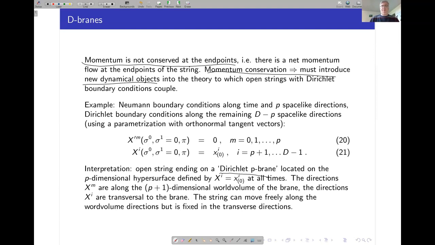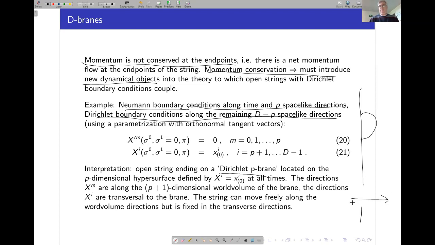So the simplest example of such a Dirichlet brane is given here in the formulas 20 and 21. I impose, say, Neumann boundary conditions in time and p of the space-like directions and Dirichlet boundary conditions in the remaining space-like directions. So this corresponding D brane would then be, let me draw, just indicated by a line, but in general, this is now a p-dimensional surface, and the allowed open strings would look like this.